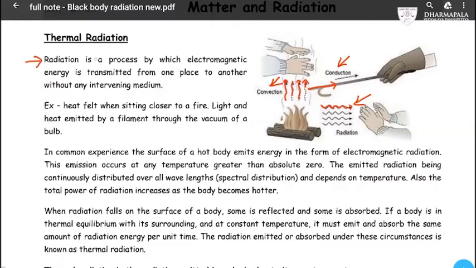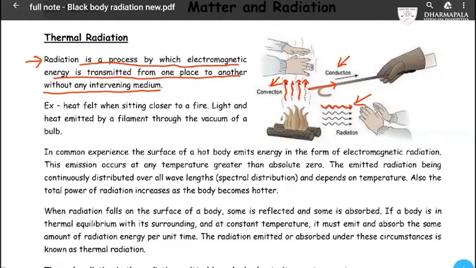Radiation is a process by which electromagnetic energy is transmitted from one place to another without any intervening medium. So these thermal radiations are the same electromagnetic waves that we have already discussed in unit number 3 under the electromagnetic spectrum. So all these UV rays, IR, visible, X-rays, gamma rays, all of those are known as thermal radiation as well as electromagnetic radiation.